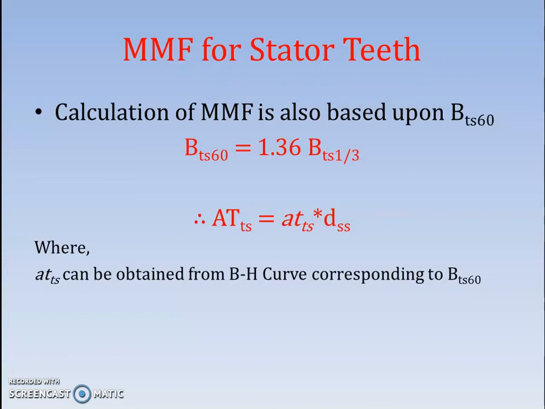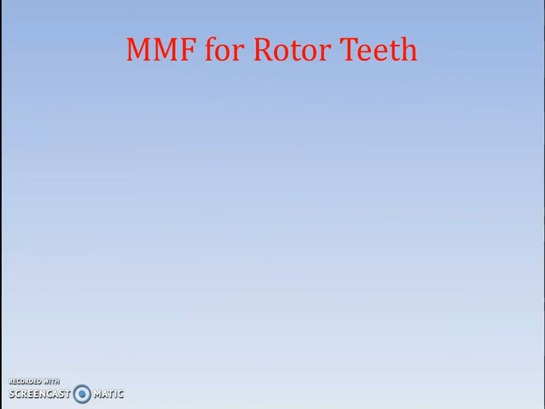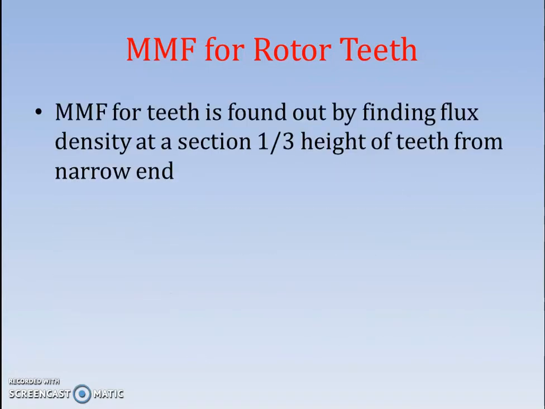So after magnetomotive force calculation for stator teeth, our next task is to calculate magnetomotive force for the rotor teeth. Magnetomotive force for teeth is found out by finding flux density at section 1/3 height of teeth from narrow end.